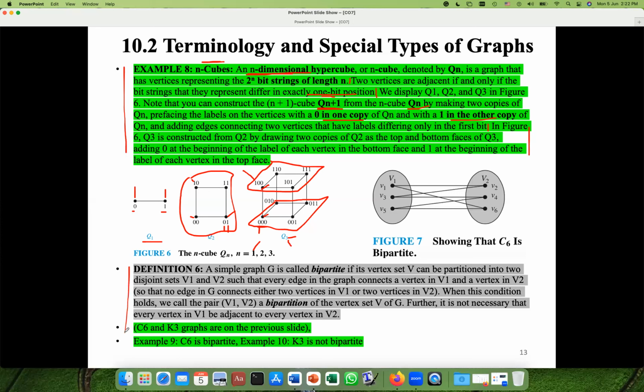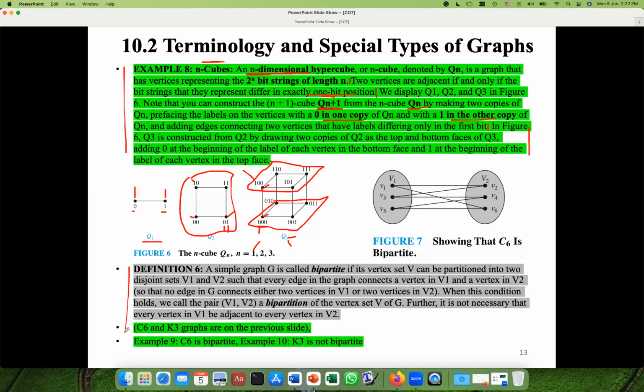Uni means one, bi means two, tri means three, tetra means four, and you can go on like that. So these are the two partitions of the vertex set V. The other word is bipartition.